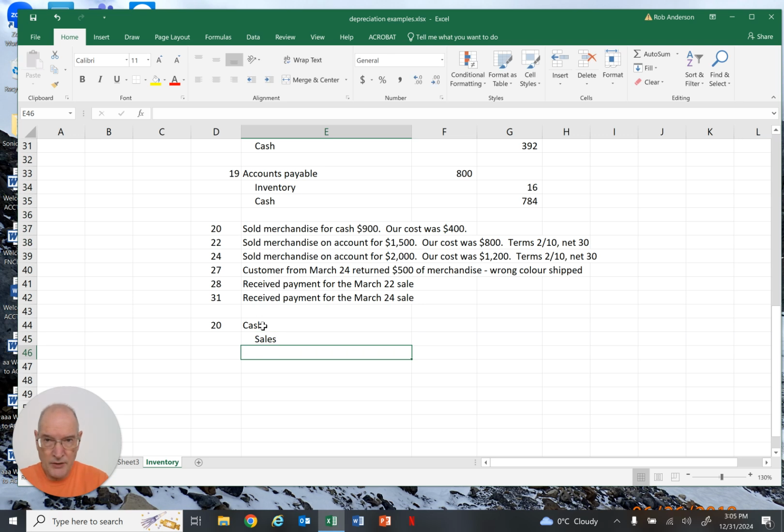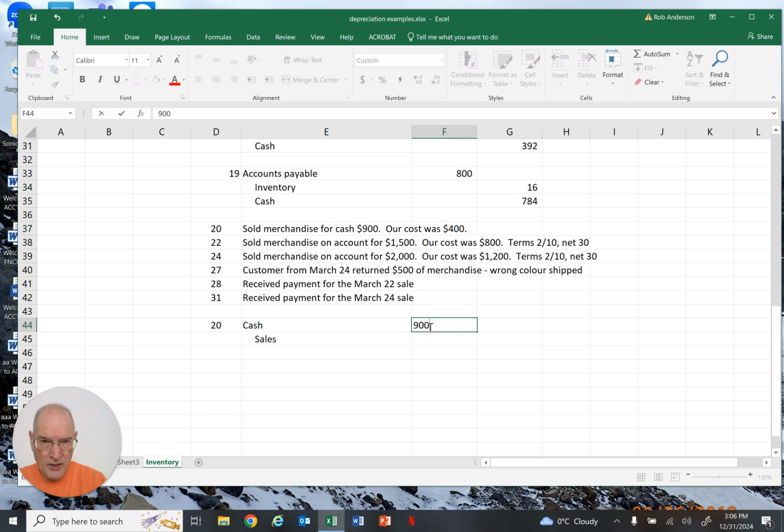And again, it's cash, so we don't have to worry about any discounts that we're going to give in the future. And that sale was $900. So don't get these mixed up. Your selling price is $900. Your cost is $400. So the next journal entry is for $400.